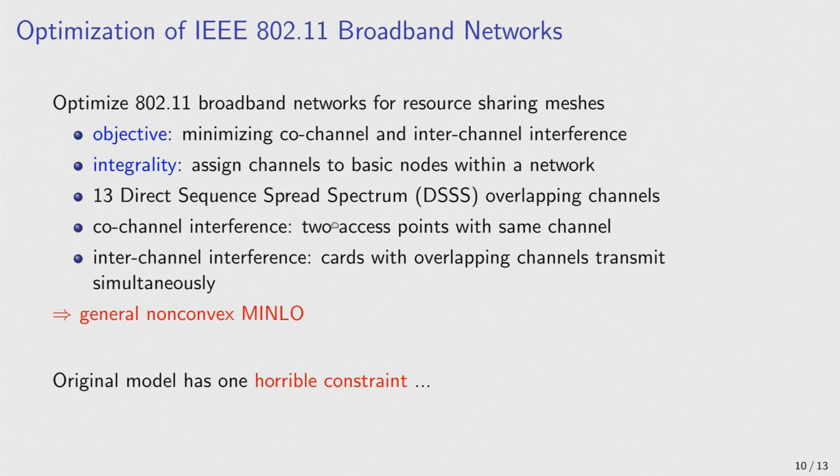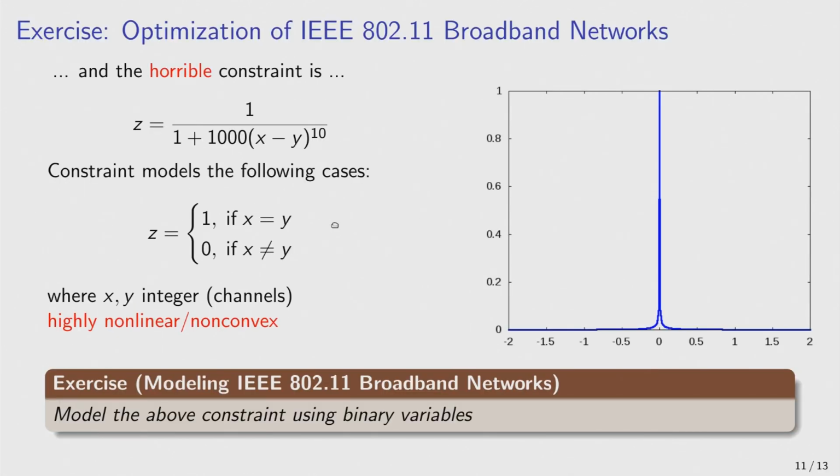And the model that I found in the literature has this really horrible constraint. And this is the constraint here. So the constraint is z is equal to 1 divided by 1 plus 1,000 times (x minus y) to the power 10. So I've plotted the constraint on the right-hand side here. And so this is plotting z versus the difference between x and y. So on the x-axis here, you have the difference between x and y.